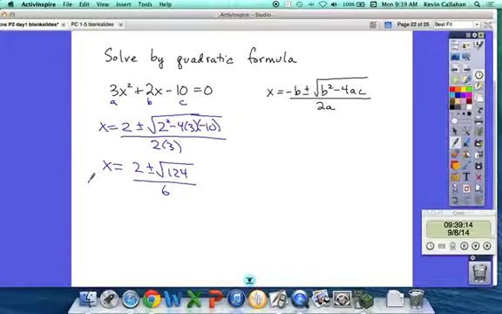You know, this 124 is 4 times 31. Yeah, 4 times 31. So that's 2 plus or minus 2 times the square root of 31 over 6, which is 1 plus or minus the square root of 31 over 3, sorry.